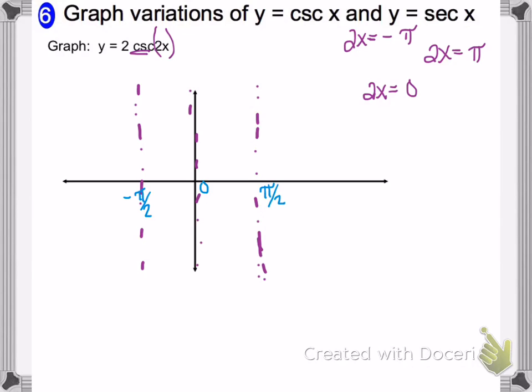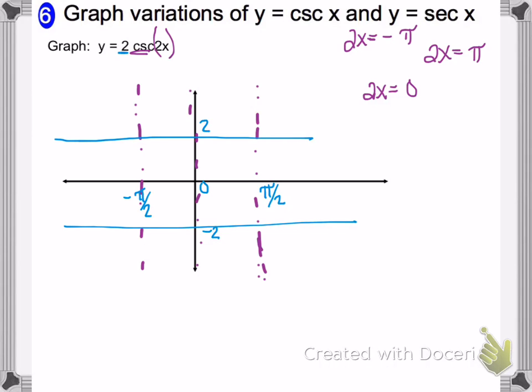Now, the reason why cosecant and secant both had a horizontal asymptote at 1 and negative 1 is because that is where the amplitude was. So this time, I'm actually going to have a little horizontal asymptote occurring at positive 2 and negative 2.